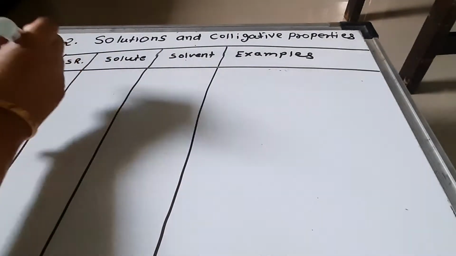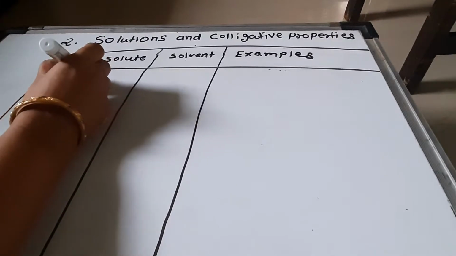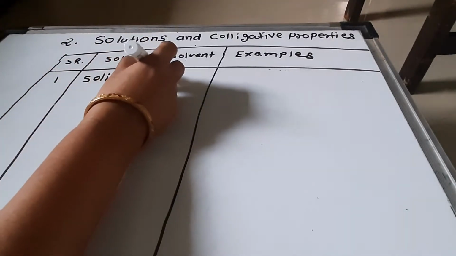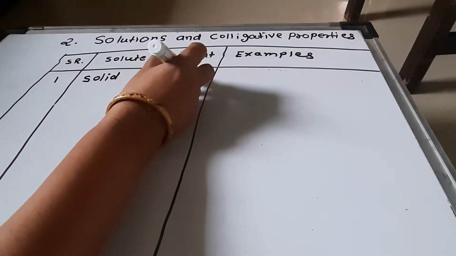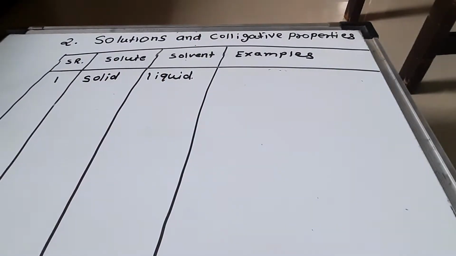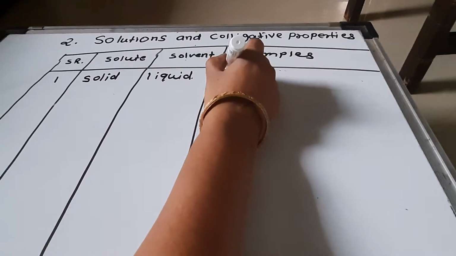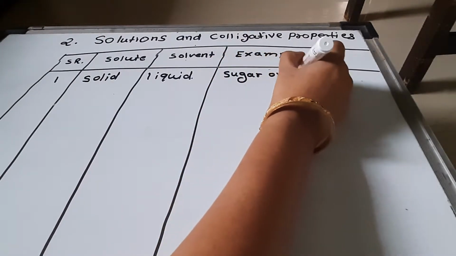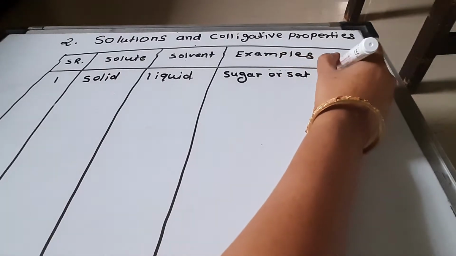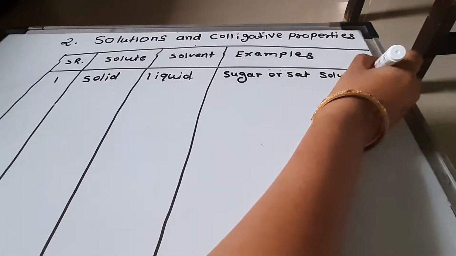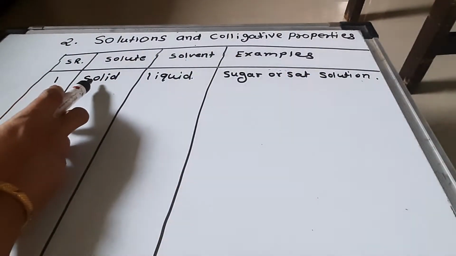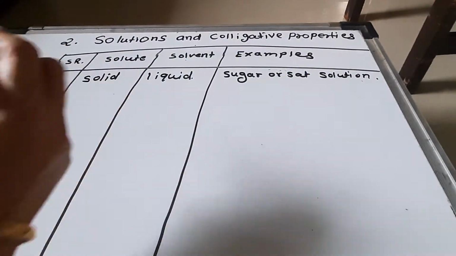First, if we use solid as a solute and liquid as a solvent, then the examples are sugar solution or salt solution. In this solution, solute is solid and solvent is liquid.